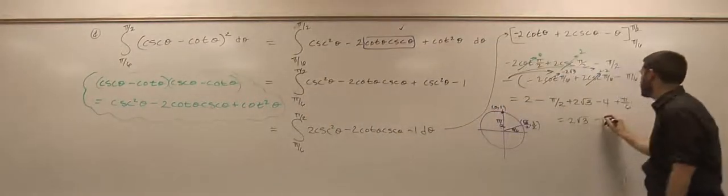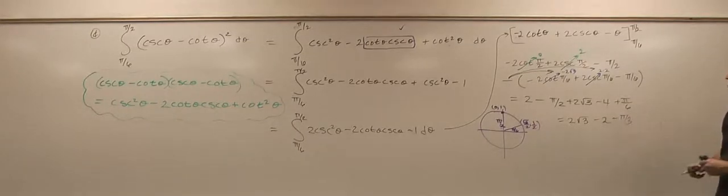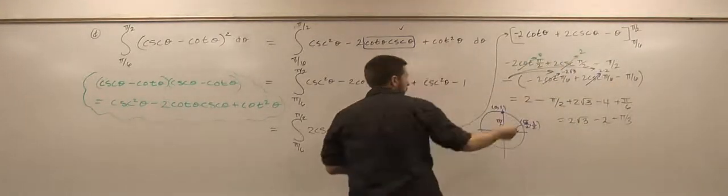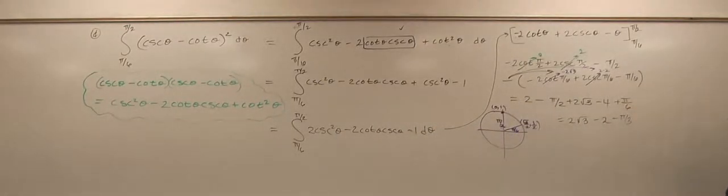So 2 root 3 minus 2 minus pi over 3. Pi over 2 and pi over 6, if you get a common denominator, will give you negative 2 pi over 6, which is negative pi over 3.